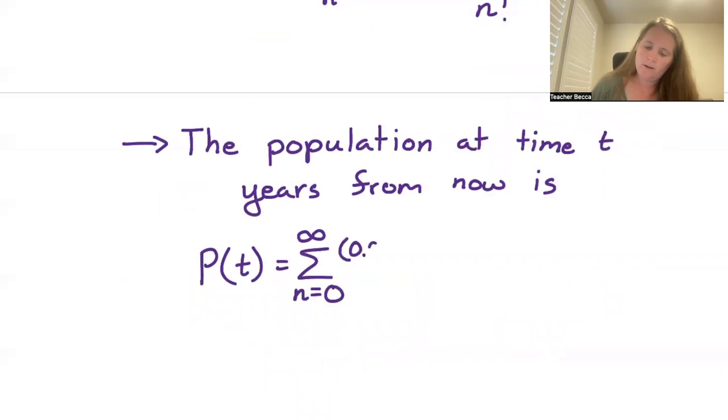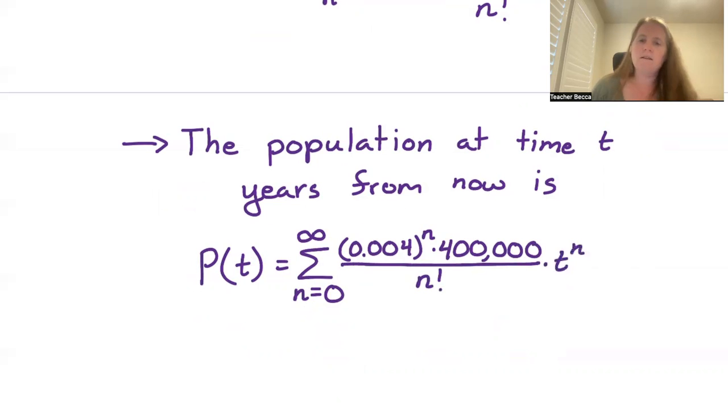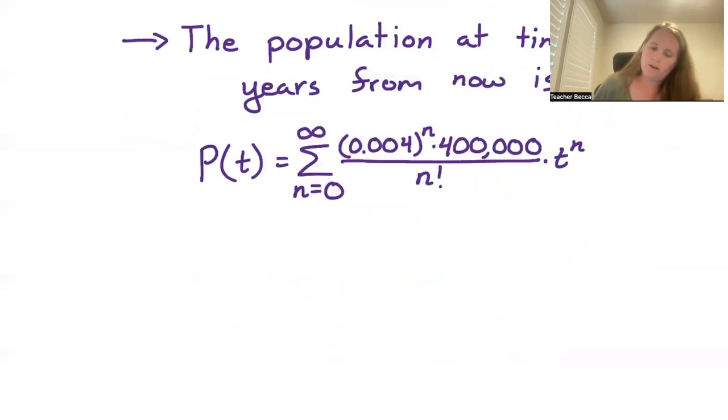So we have 0.004 raised to the nth power times 400,000, all over n factorial, times t to the n. And of course, that 400,000 is a constant scalar multiple in every single term. We can pull that out front.